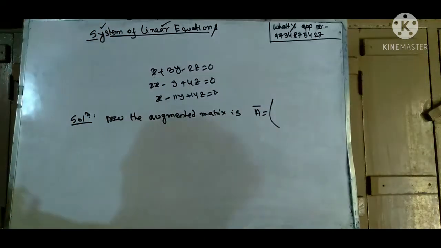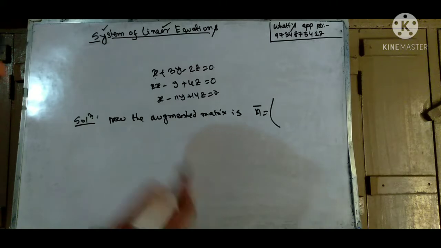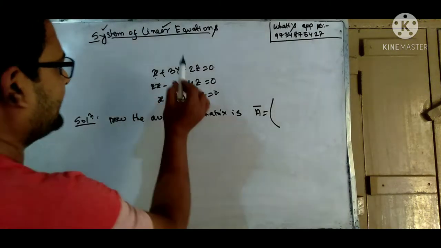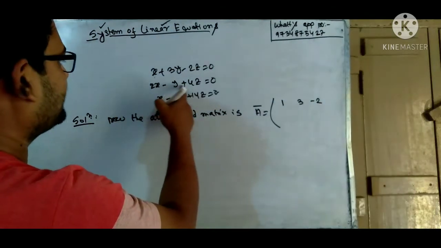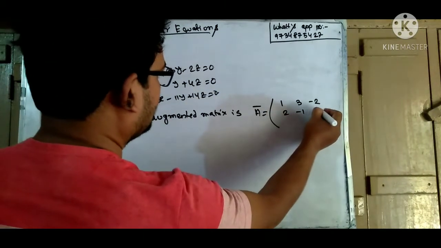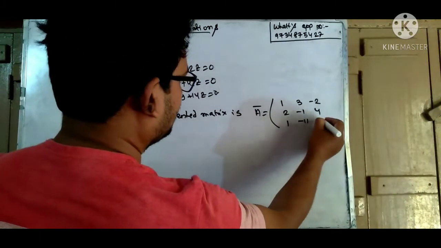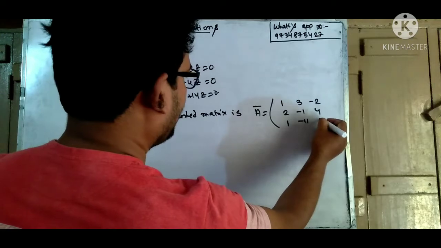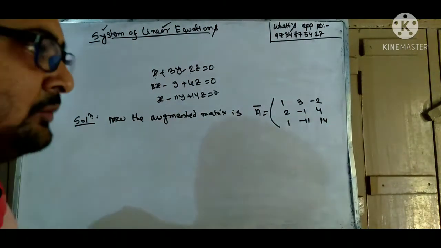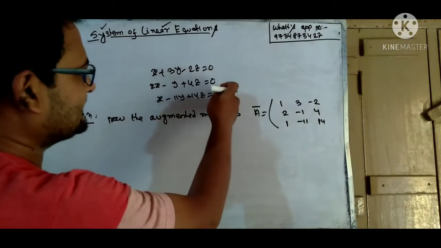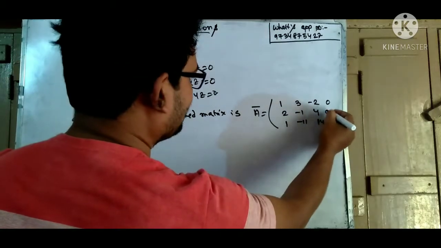So what is the augmented matrix? Let us first write the coefficient matrix. That means 1, 3, minus 2; 2, minus 1, 4; 1, minus 11, 14. This is the coefficient matrix. Now if we add the constants in the last column, then this becomes the augmented matrix. Clear?